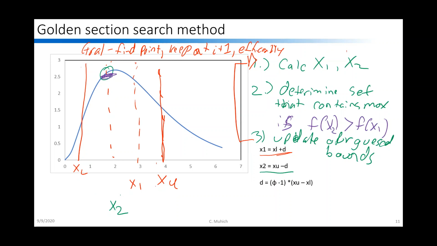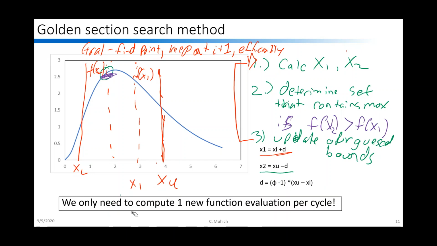We don't have to reevaluate those functions. We can do this repeatedly, just like we did before with the bisection method, always looking between f at x2 or f at x1, and determining whether to lose the lower bound or the upper bound.